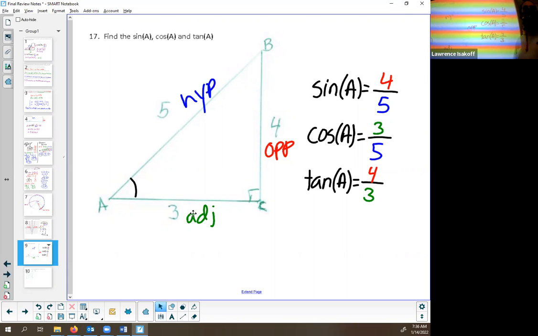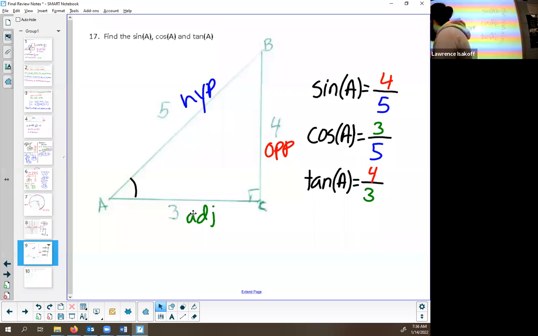That's why I like it a little better as a fraction, because it tells me a little more information, because I know my opposite side's 4, my hypotenuse is 5, where if it was 0.8, that would take me a little more thinking to get there. Any questions on this one?